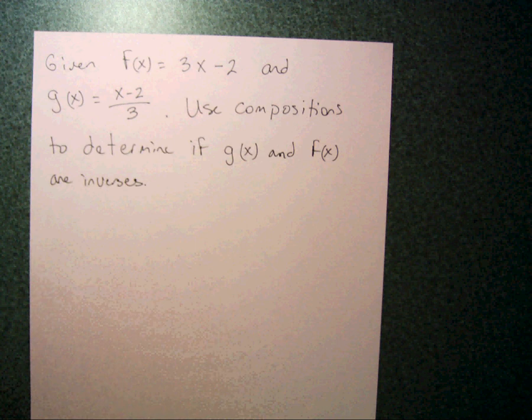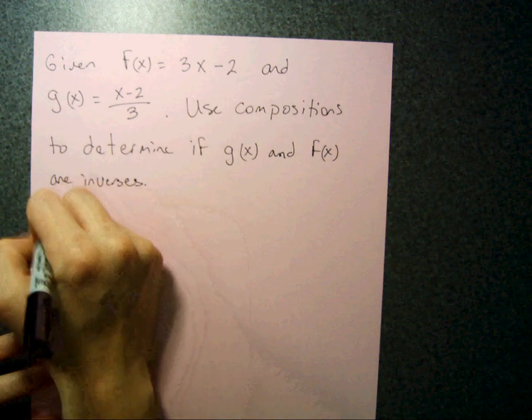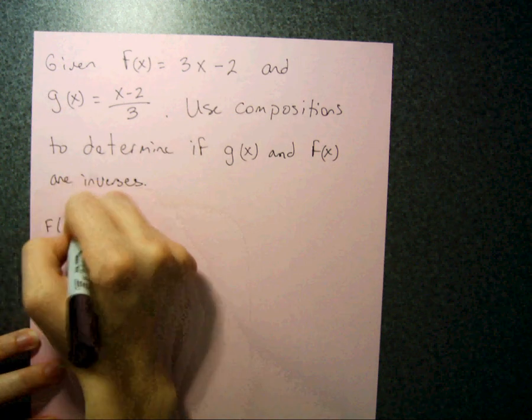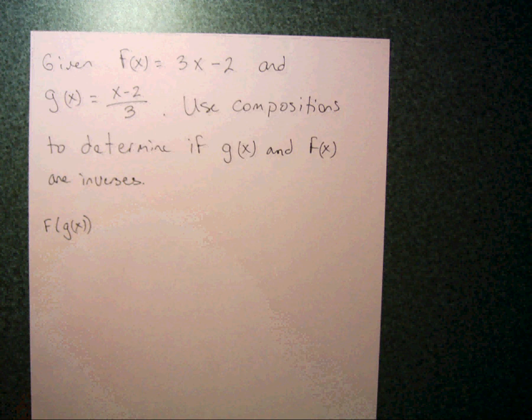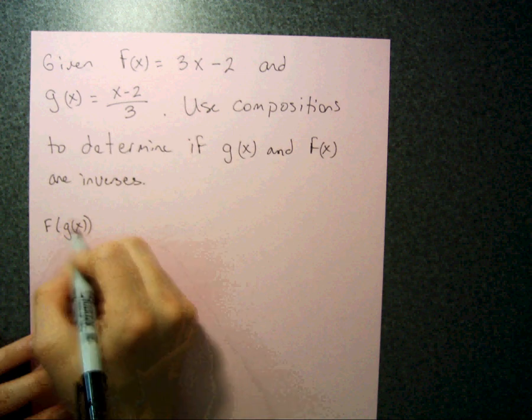And I want to use compositions to determine if g of x and f of x are inverses. So it doesn't matter which one I start with, which one I plug into what. So I'm going to start with f of g of x. I'm going to plug g into f. If you want to start the opposite direction, doesn't matter. It's not going to make a difference. But I'm starting by plugging g into f.